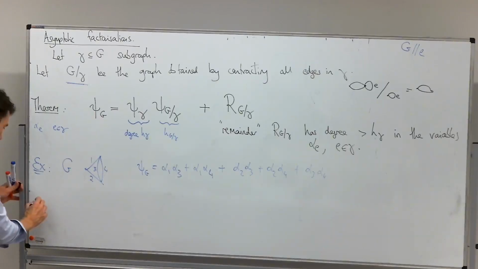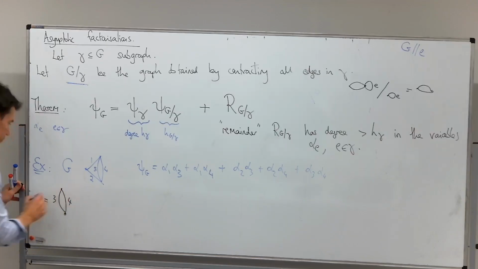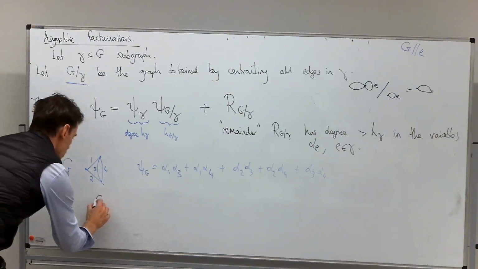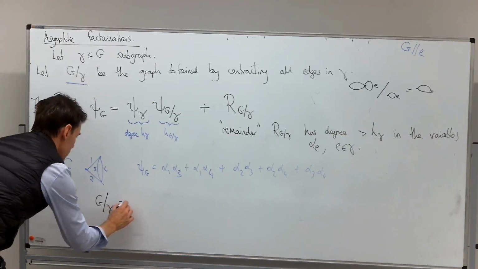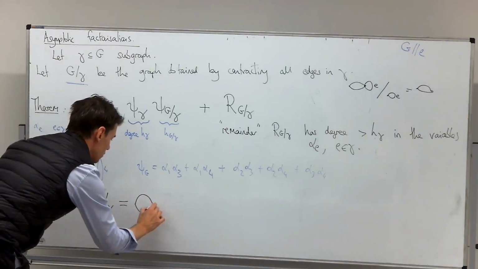So let's take the subgraph 3, 4. And then the quotient G mod gamma is where you contract 3, 4 down and you get 1, 2.